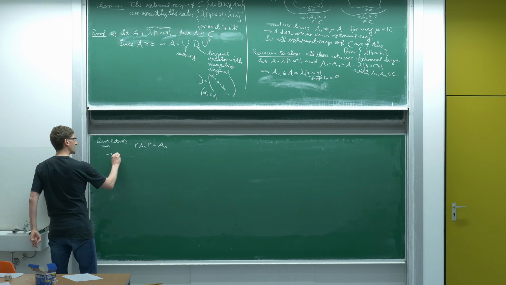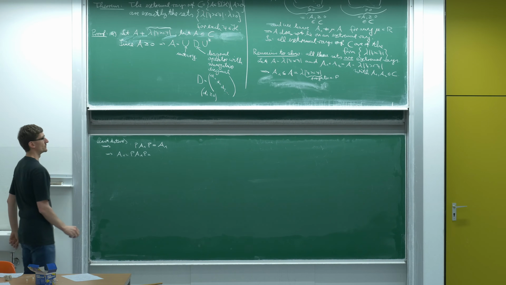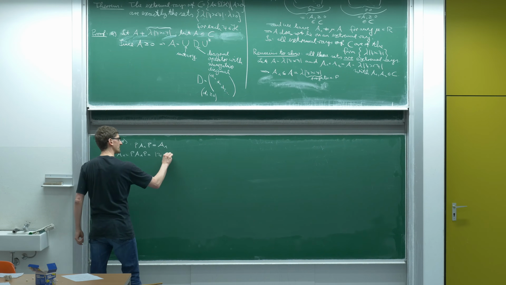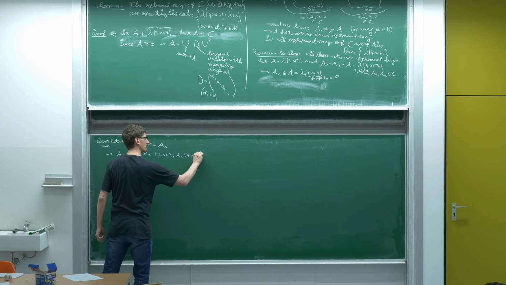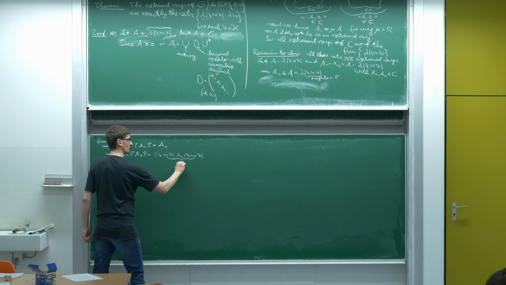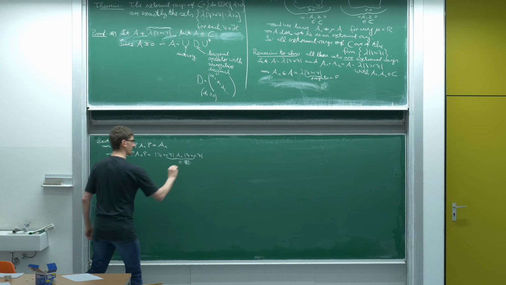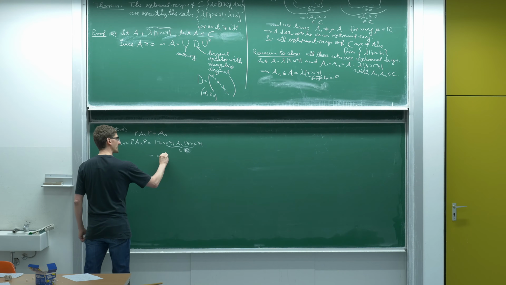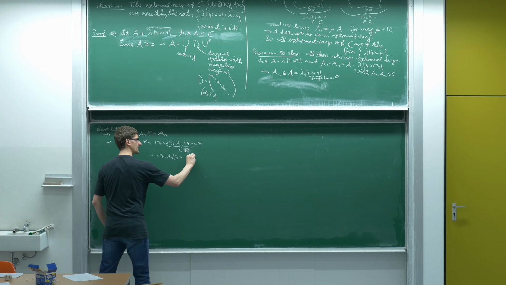So this means that A1 is equal to P times A1 times P. And the projector that we have in this case is |psi><psi|. So this is now just a number. In fact, it's even a real number because A1 is Hermitian. So this is equal to some number times |psi><psi|.